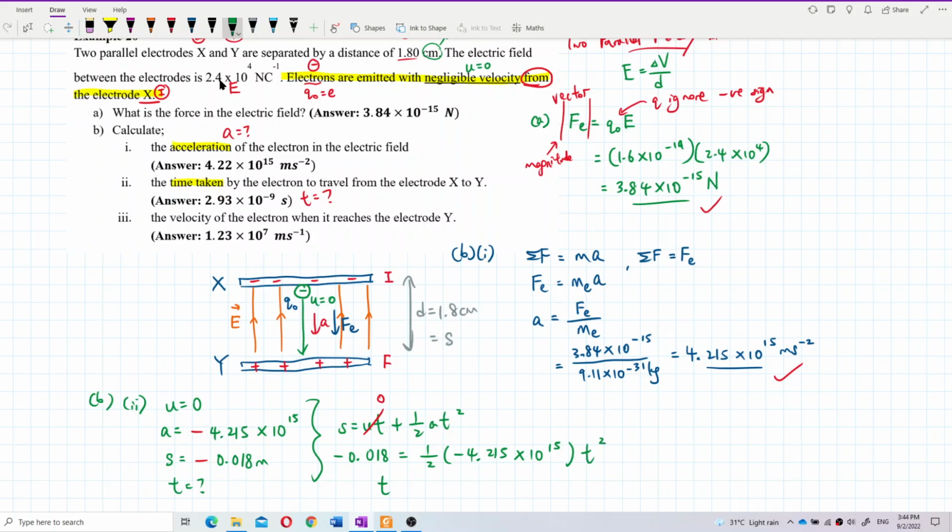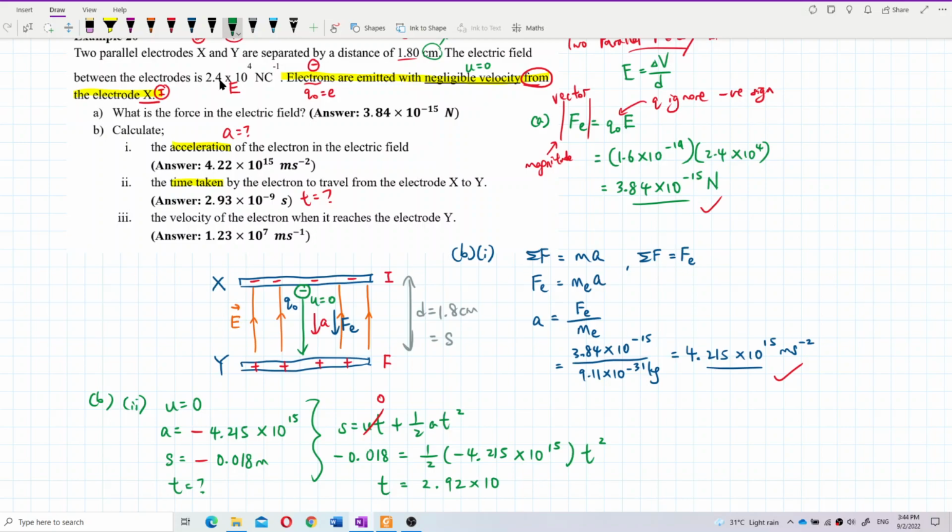Let's find out: negative 0.018 times 2, divide by negative 4.215 exponent 15, and then square root.